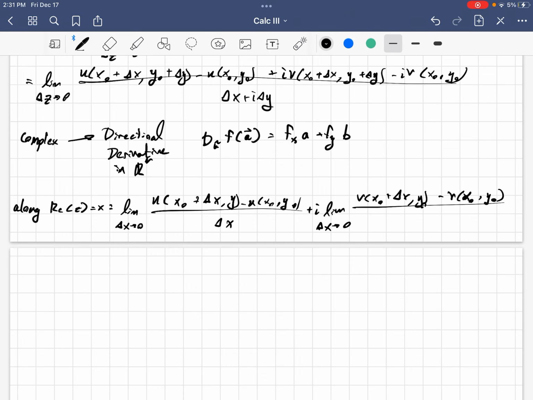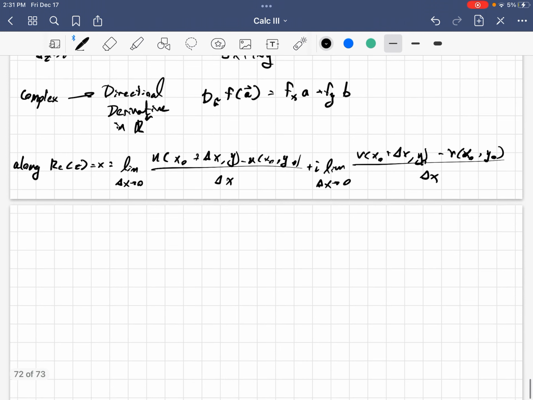Oh, I forgot a y naught there. Over delta x. And that just becomes, using the definition of the partial derivatives, partial u with respect to x plus i times partial v with respect to x.